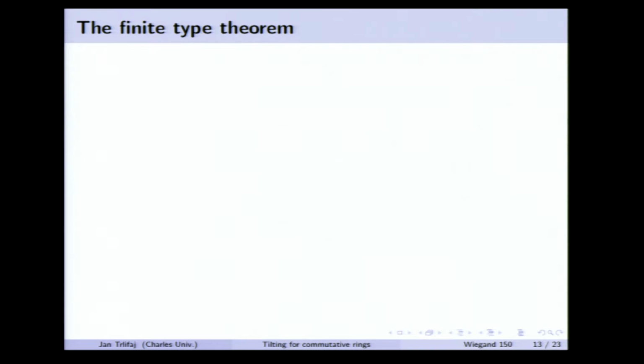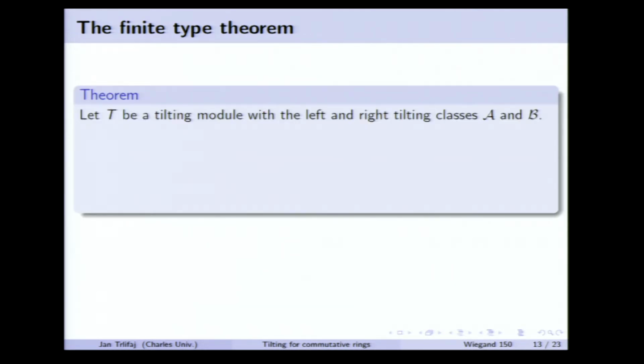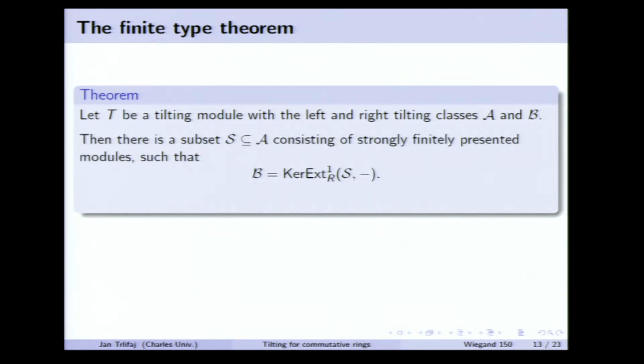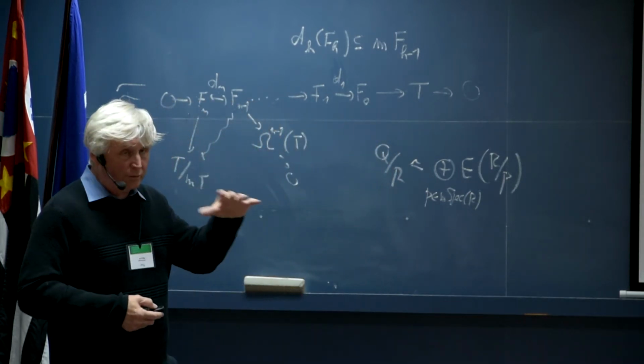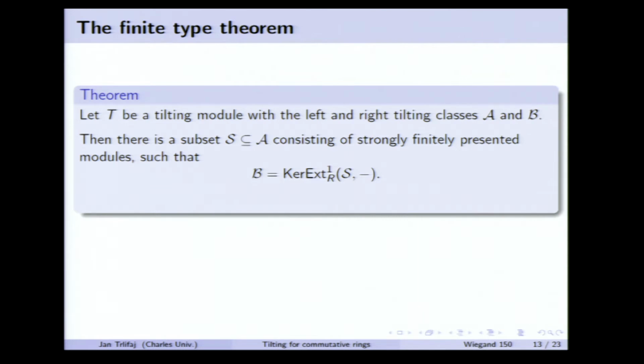Okay, so what about this other result which I mentioned, that the tilting modules or classes are of finite type? The theorem says that however big a tilting module you take, with the tilting classes left A, right B, you can always find a subset S of the class A, and it need not be finite, but it's a set of strongly finitely presented modules, so small modules, which replaces T in the definition of the right tilting class.